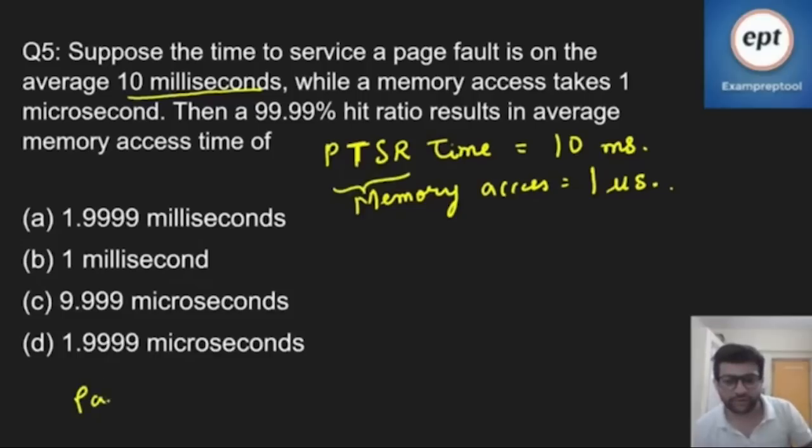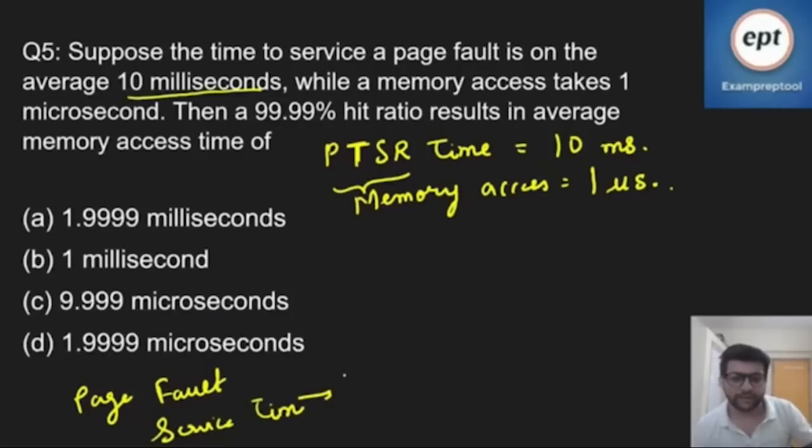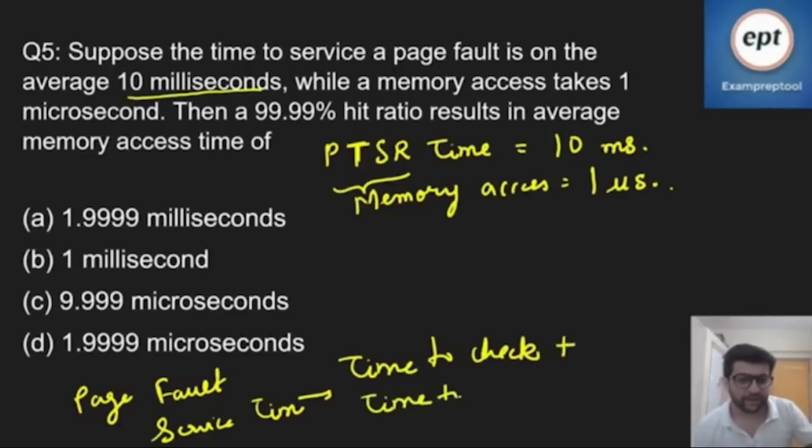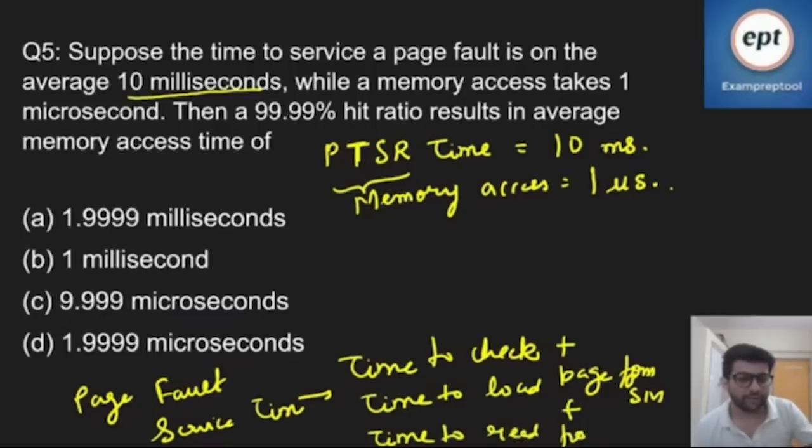In page fault service time, the time to check if the page was present in the main memory or not, plus the time to load the page from secondary memory, plus the time to read from main memory.